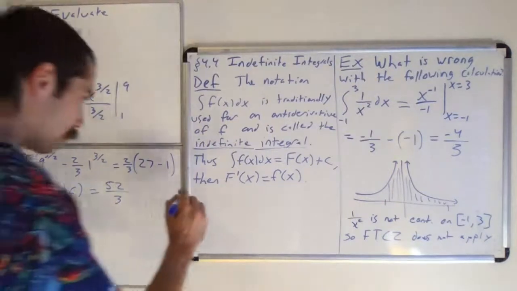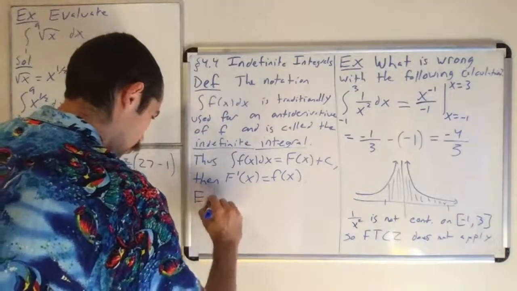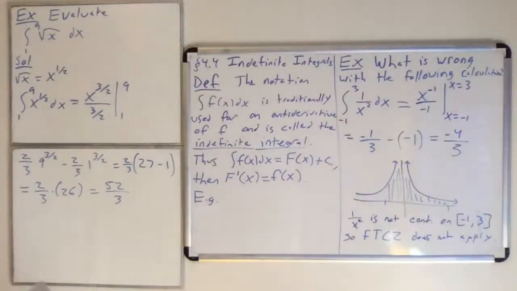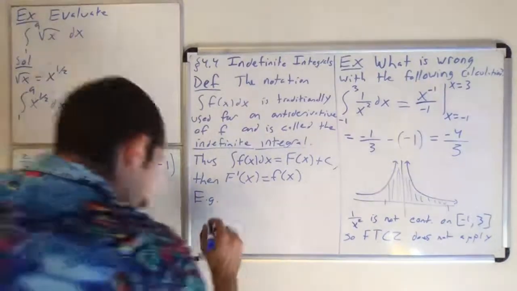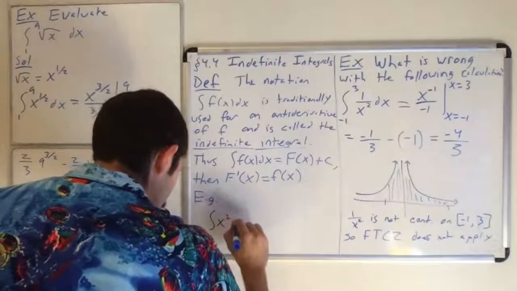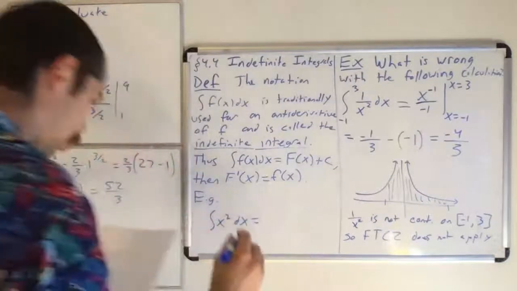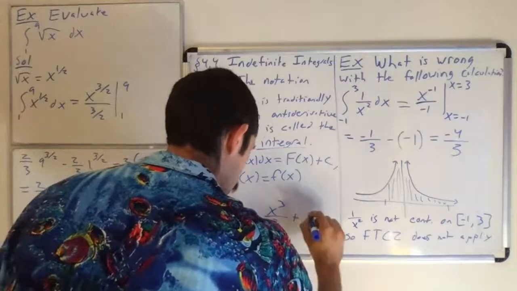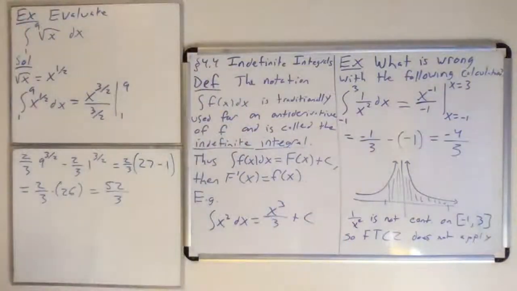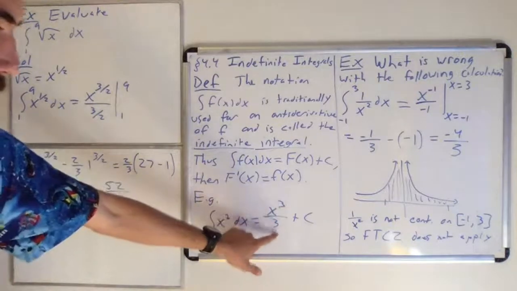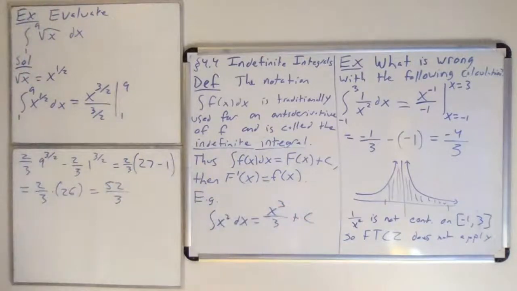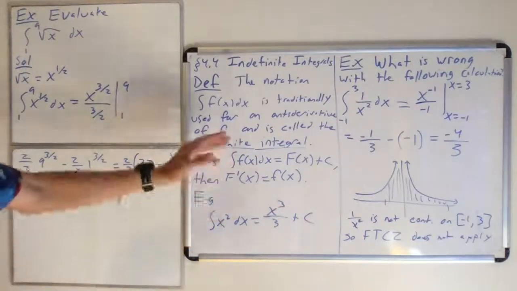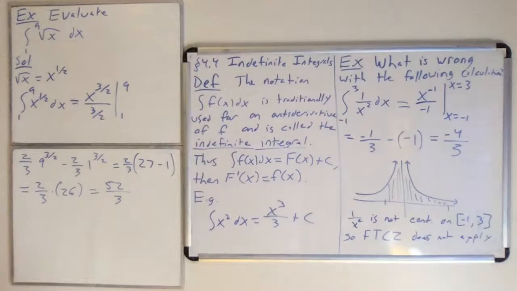Okay, so for example, the integral of x squared dx is equal to x to the third over 3 plus c. This is the same thing as saying find the antiderivative of x squared. You increase the power by 1 and divide by the new power. And then you have to remember we have a plus c here because it could shift by a constant term.